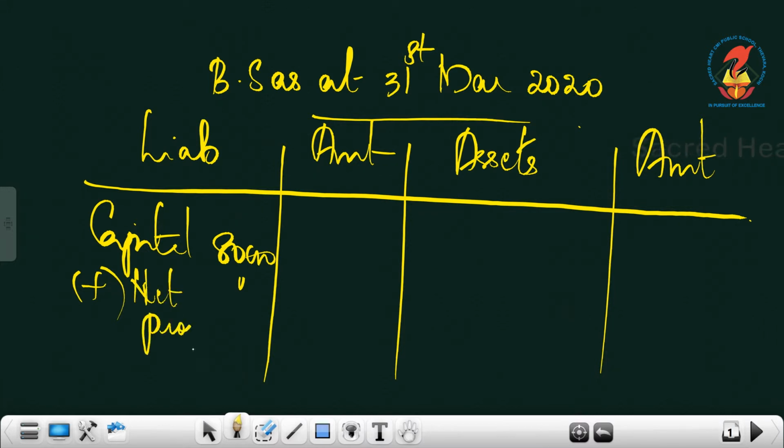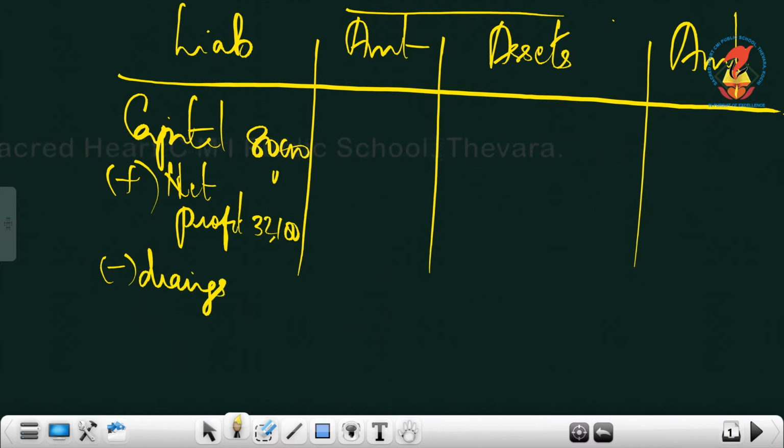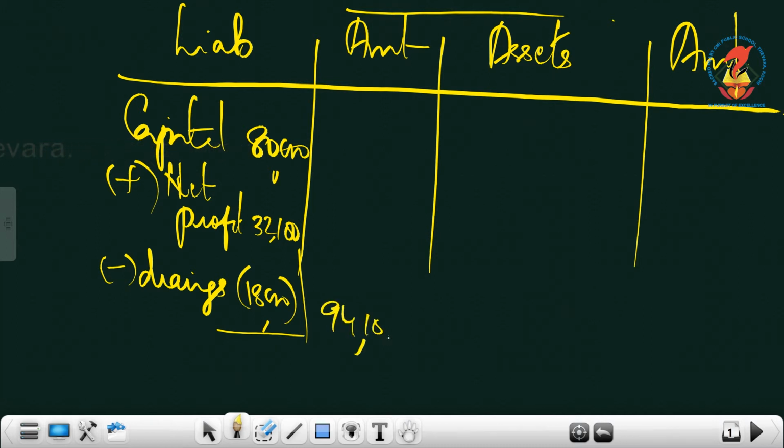Then less drawings, after that we will write the final figure. So less drawings amount here is 18,000, within brackets you write. Now you draw a small line here in the inner column and then write the final figure, which is 94,100.